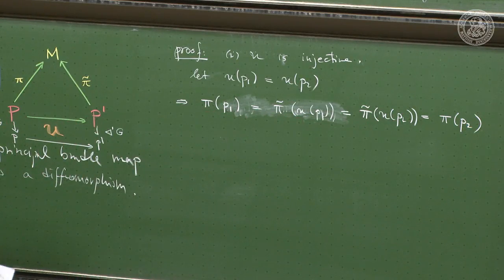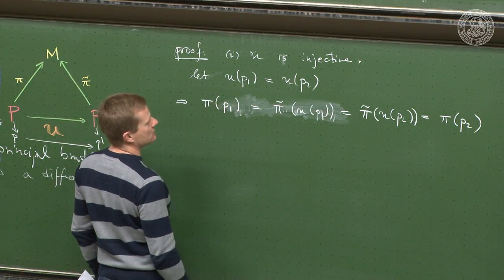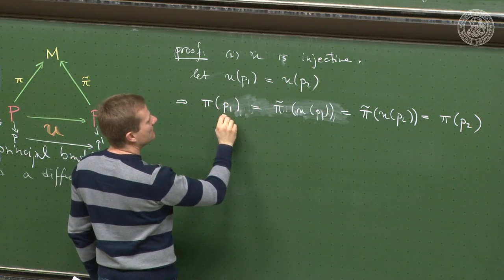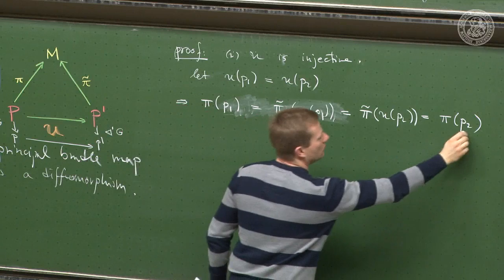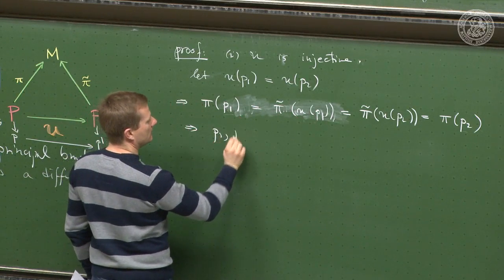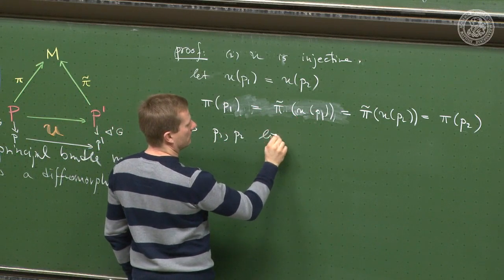So what have we learned? We have learned that if I assume that the images of P1 and P2 are the same, then P1 and P2 lie in the same fiber.